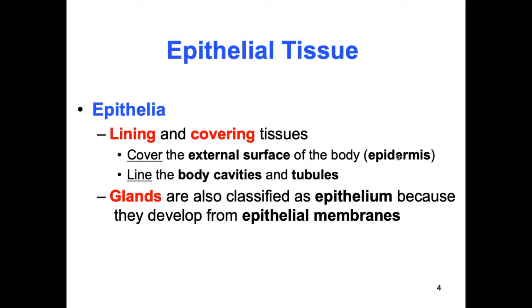We have the digestive tract. That tract is a tubular system where you go from your mouth to the esophagus, to the stomach, to the small and large intestine. This is nothing other than a long tubular system. Inside the kidneys, there's a bunch of tubes. Okay. In the reproductive tract, there is a bunch of tubes. So anywhere we see these tubules, we're going to find epithelium.